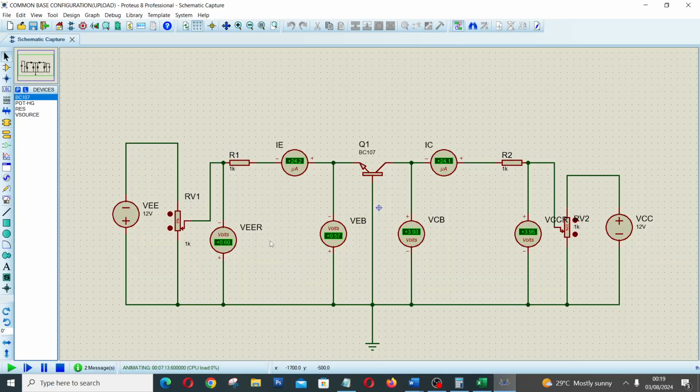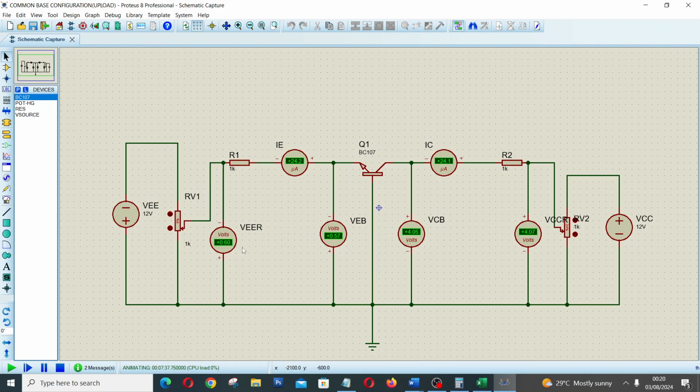Then the next one, at 0.6, let's see whether we can set this again. 3.93, 94, 95, 96, 97. So 4.05 is better, it is closer to 4.